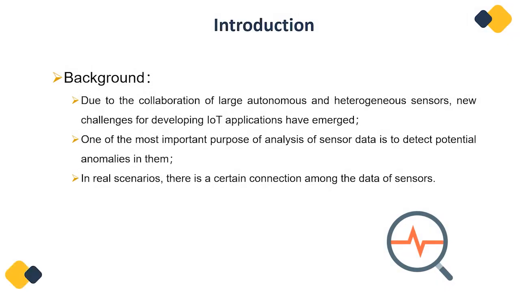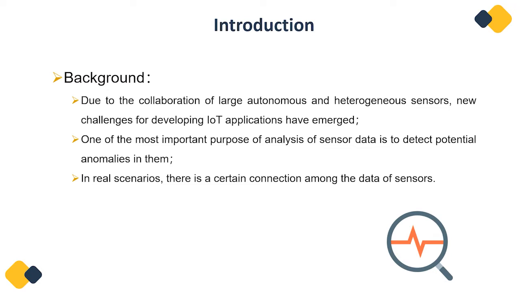The first part, introduction. In recent years, an increasing number of sensors has been developed in the physical world. IoT data and their analysis are becoming a hot topic because they can provide a consistent way to access sensor data.